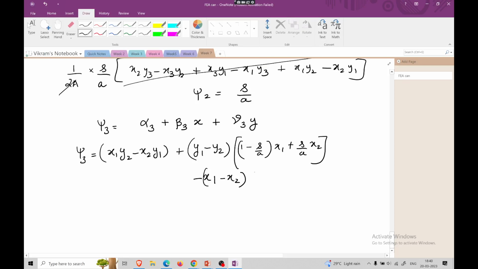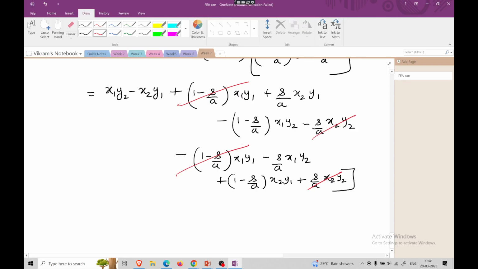So let us see which are cancelling each other. So first of all, I can say that these both will cancel, and similarly x1 y1 also this will cancel. I have here, for x1 y2 I have one term here, I have one term here, I have one term here. So if I add, what I will get?